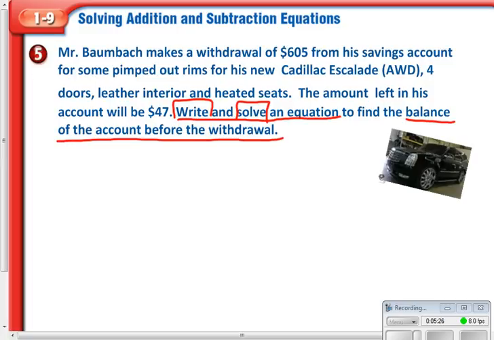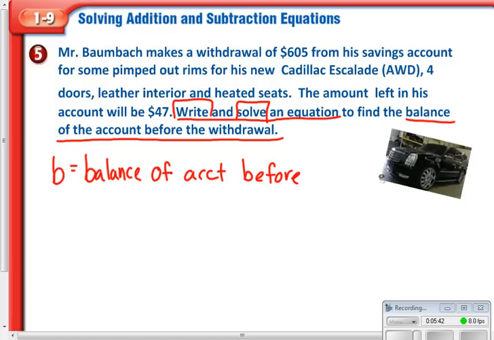If that's what we need to find out, we'll probably need a variable for that. So I might use b, and I need to define it. Well, b is the balance of the account before the withdrawal. So this is my account before I took money out for my rims.